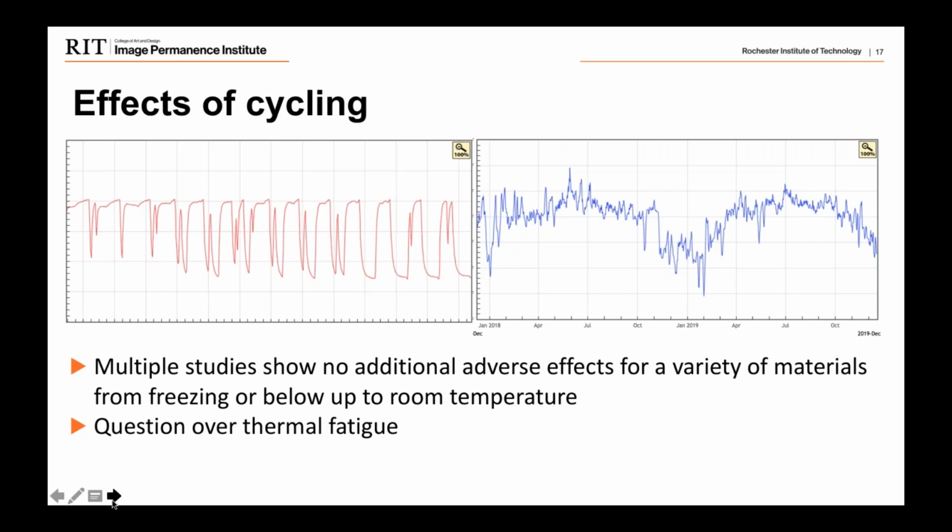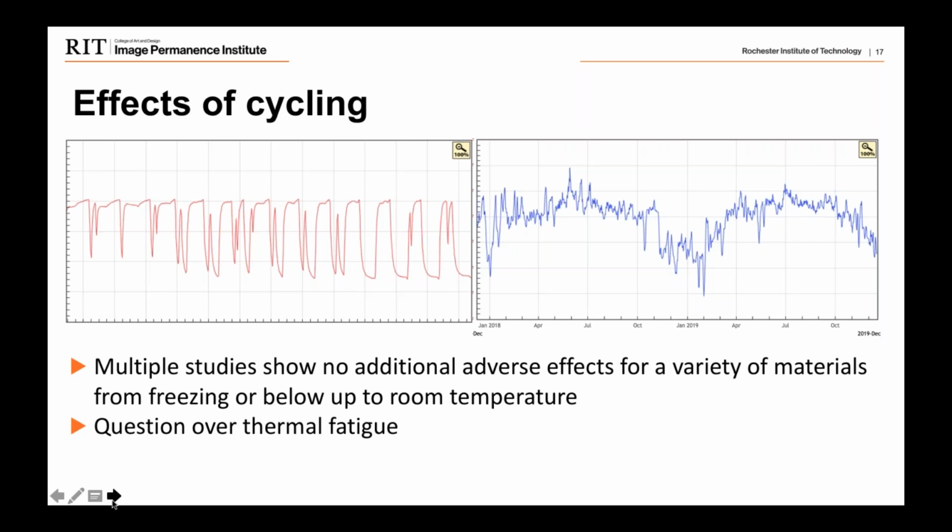Even insect specimens, which are considered fairly vulnerable to this, were cycled from freezing to room temperature for 2 cycles every 18 months. Not only could they not observe any damage to the pigments or structure, they couldn't even see any microfractures under scanning electron microscopy, so under very close examination.